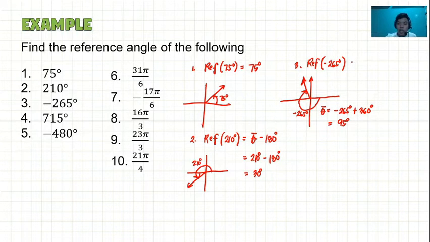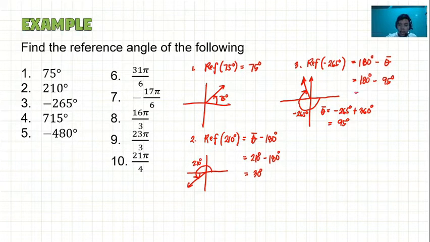So this will now be equal to theta, since our angle is at quadrant 2, so the formula will be 180 degrees minus theta bar, right? So this is now equal to 180 degrees minus 95 degrees.